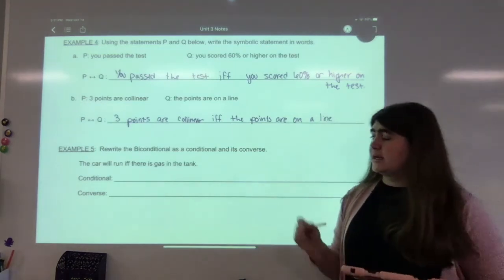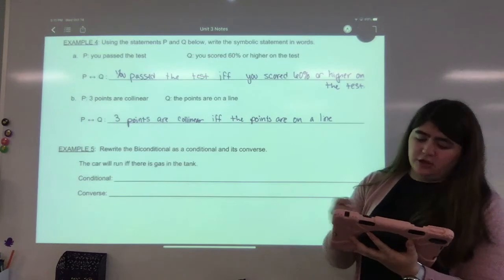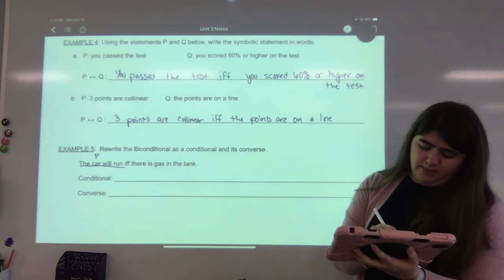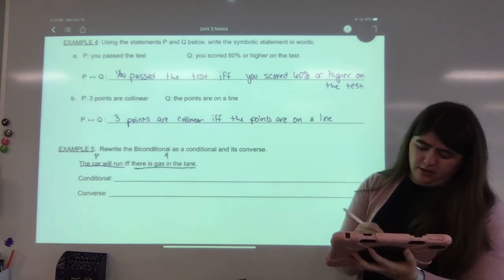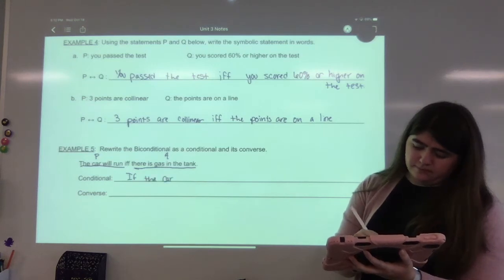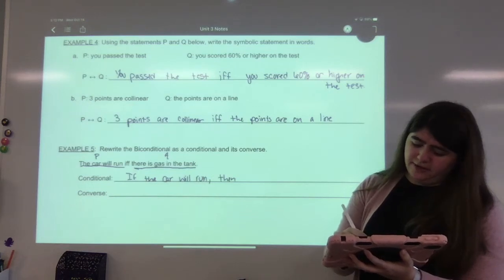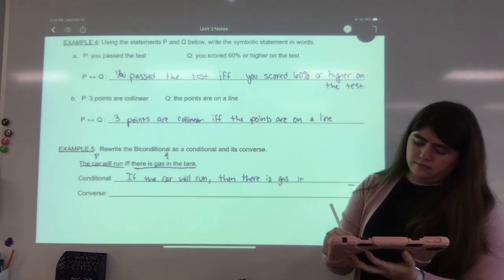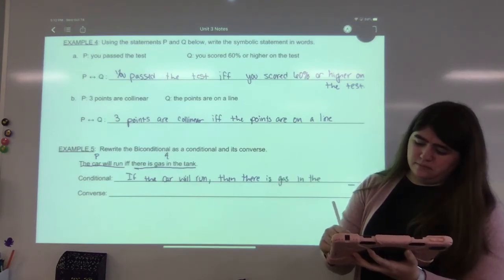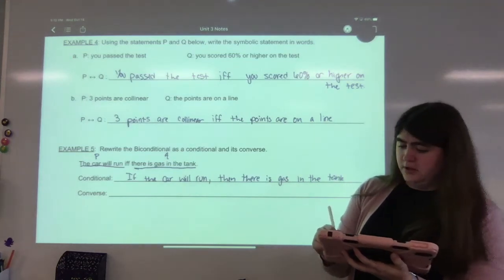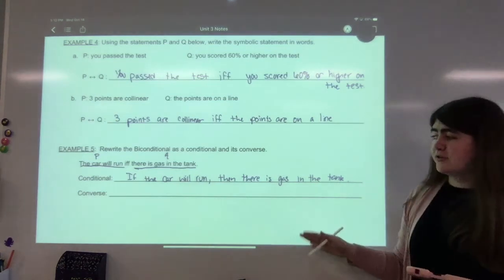So I have for my conditional, well actually let's take a second here and break this down. So we have my P and my Q on the other side. So if the car will run, then there is gas in the tank. All right, that's my conditional. Now I need my converse. My converse takes that and flips it.